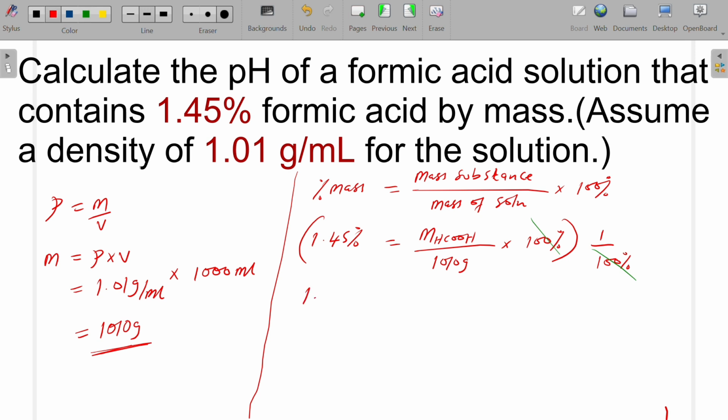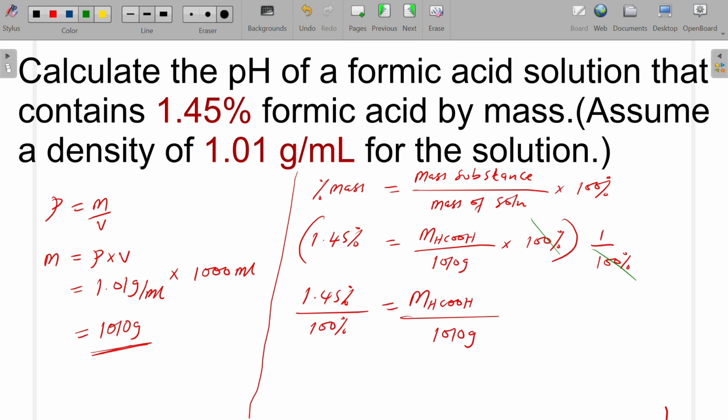What you have on this side is 1.45% divided by 100%, which will be equal to the mass of formic acid divided by the mass of solution, which is 10 grams. When you reach this stage, all we have to do is mathematics.